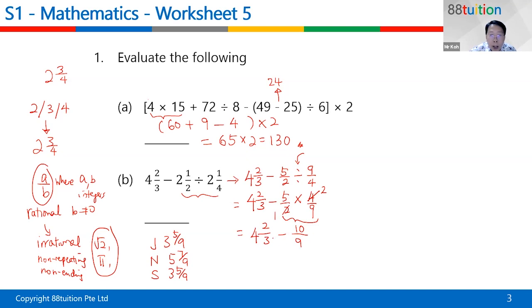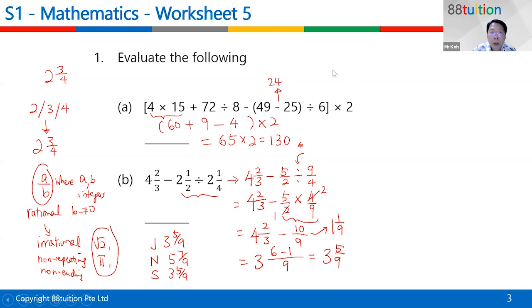All right, so I can actually minus. This is 1 and 1/9. So I use the whole number 4 minus 1, so I have 3. The next one will be I take 2/3 minus 1/9. So of course it must have a common LCM, which is 9. So that will give me 3 times 2, 6, minus 1. So therefore I get 3 and 5 over 9.